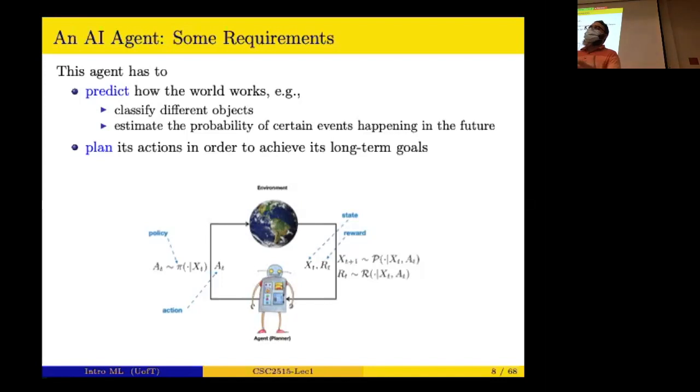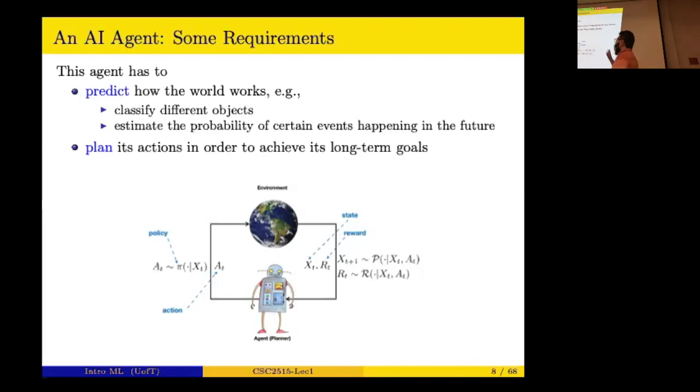So basically this agent should be able to say something meaningful about the state of the world in most situations that it might be in. Okay, so this is one part of this agent.